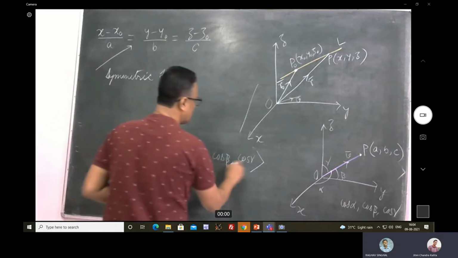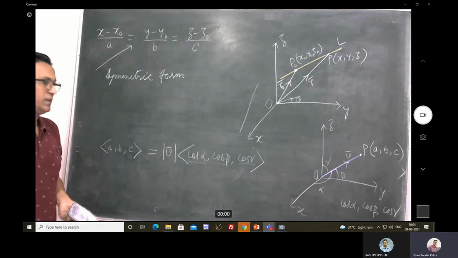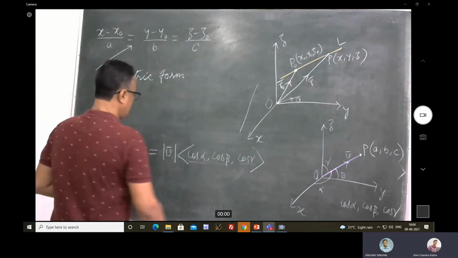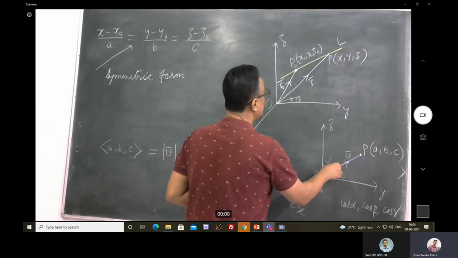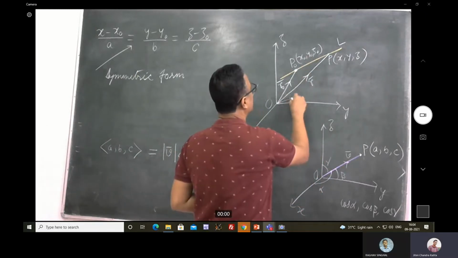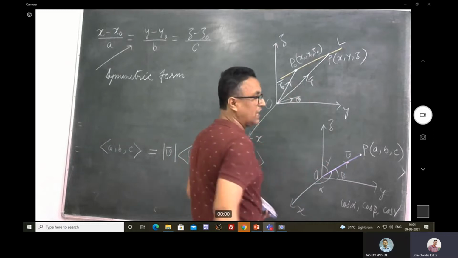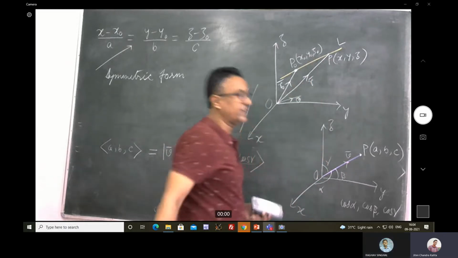So these were called direction cosines. Basically, now see, if you consider this situation, here I have this vector v, and you know that the vector v is parallel to the given straight line.